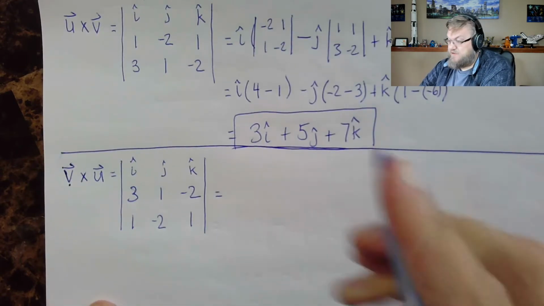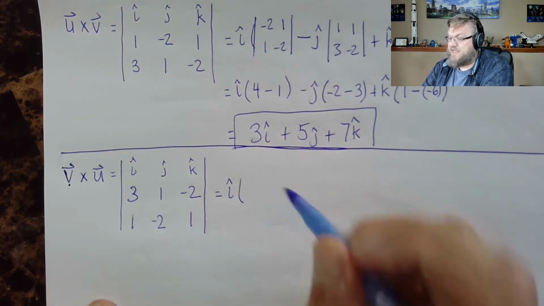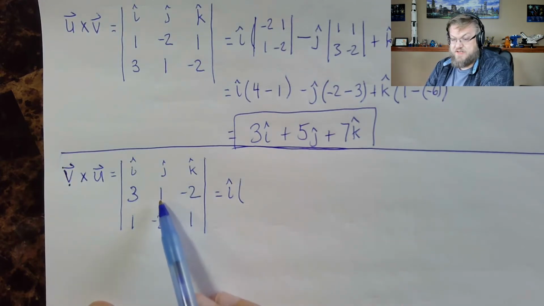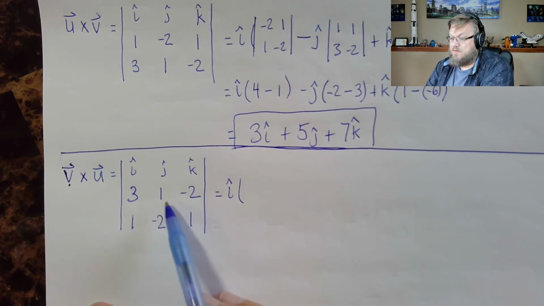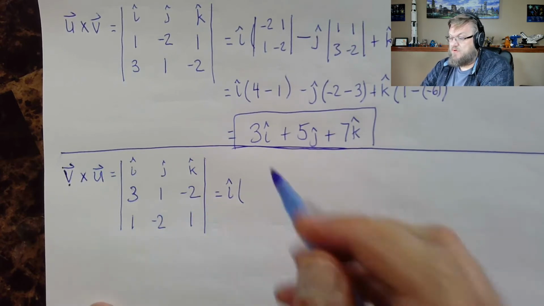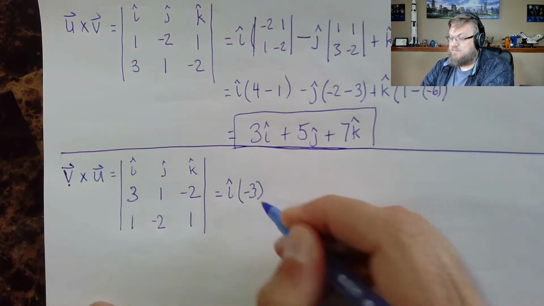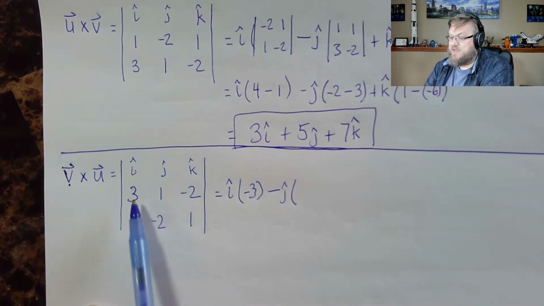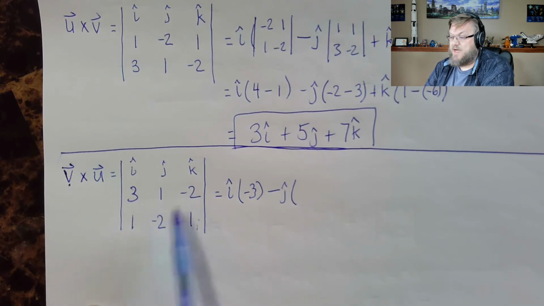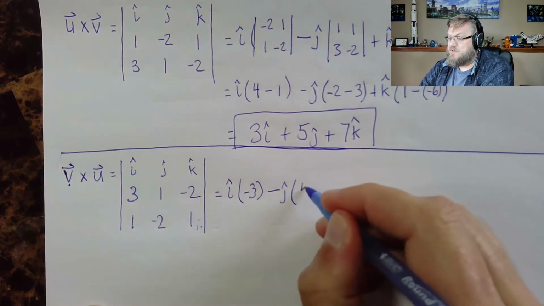And I go ahead and calculate my cross product again. Here I'm just going to try to do this in my head. 1 minus 4, that's negative 3. Minus j. j is going to be 3 times 1, so 3 minus a minus 2. 3 plus 2, so I get 5.